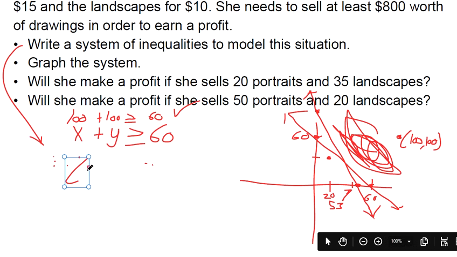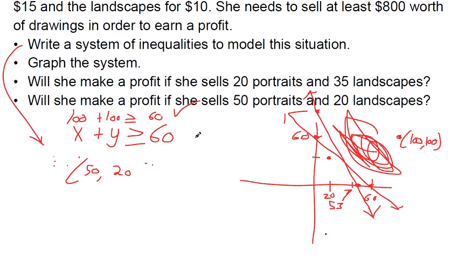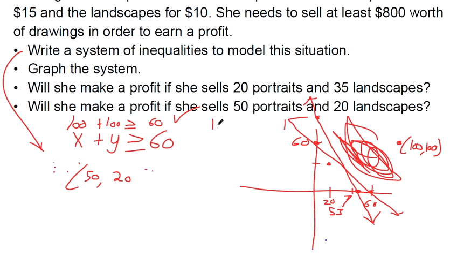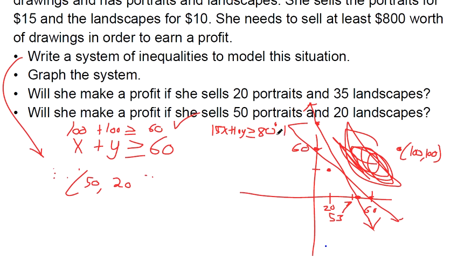So that means we're plugging in 50 for x and 20 for y. Oh, I lost my other inequality. Sorry, the other one was 15x plus 10y, it needs to be greater than or equal to 800.